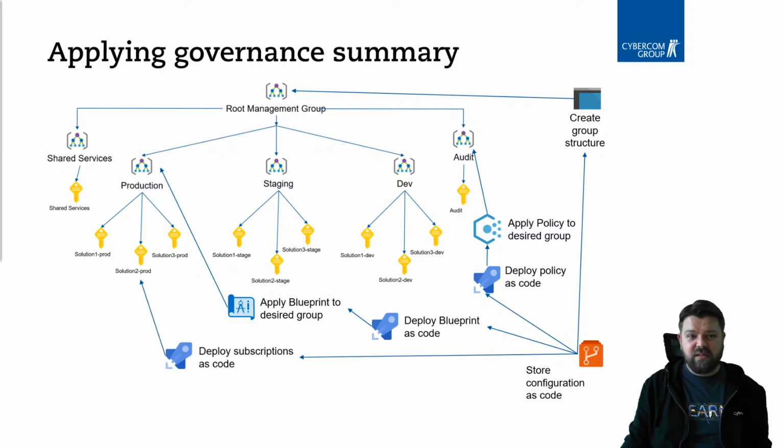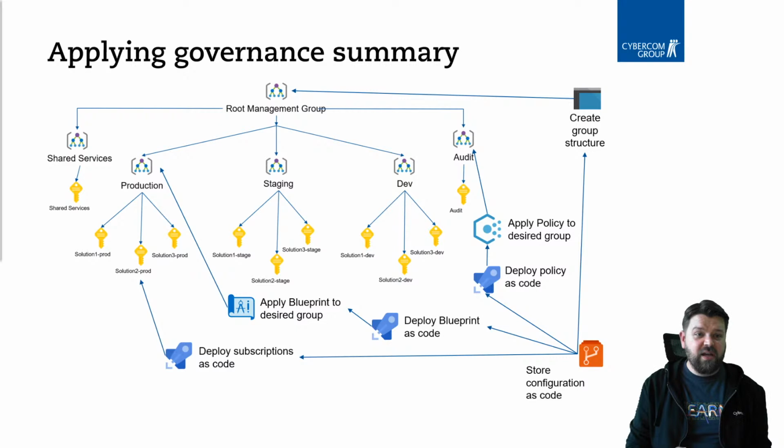And lastly, subscriptions. So deploy subscriptions as code. With enterprise agreements, you can create subscriptions with PowerShell and CLI, and then with the CLI or PowerShell, you can move those into the specific management group.